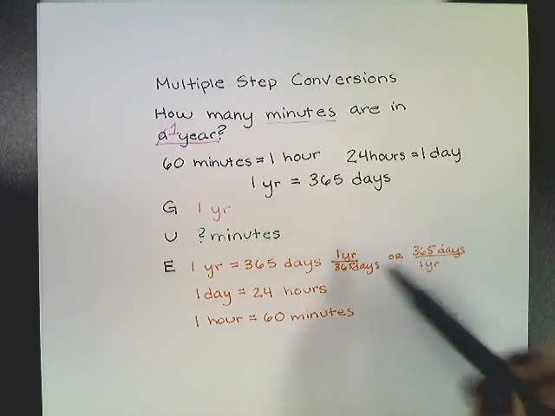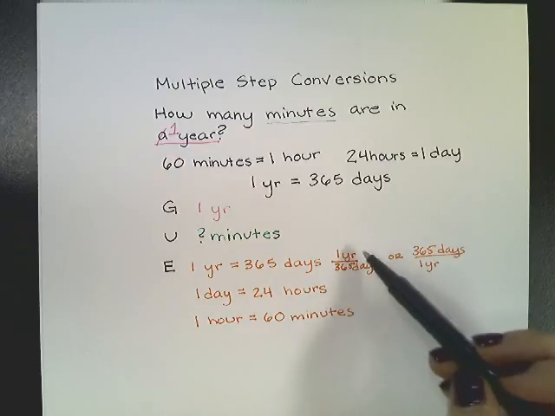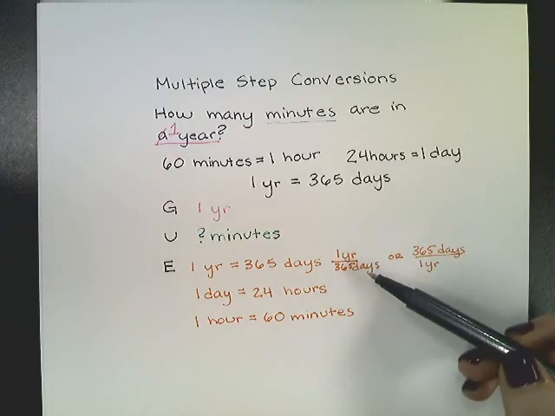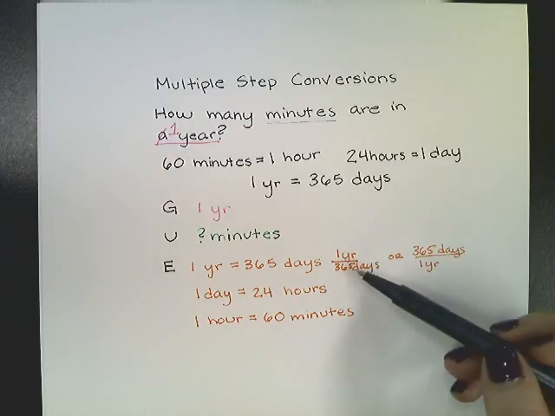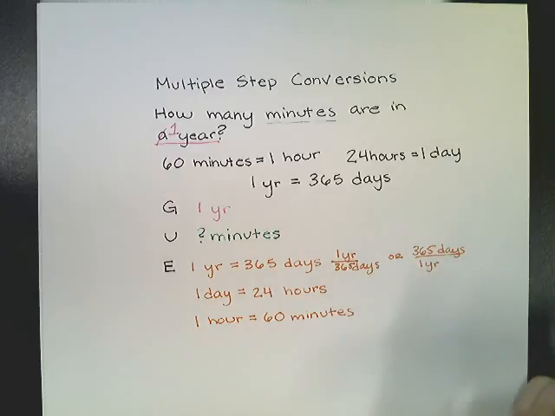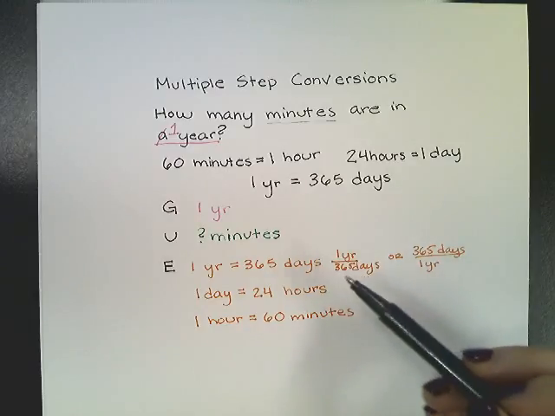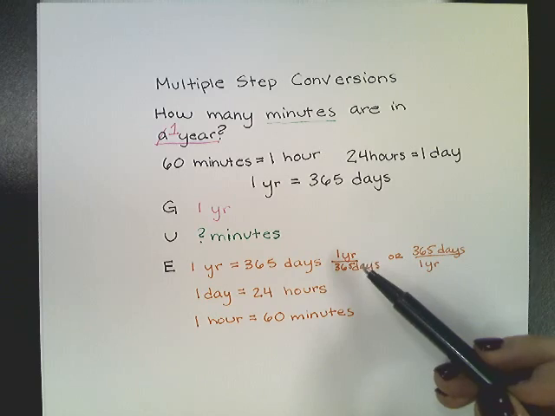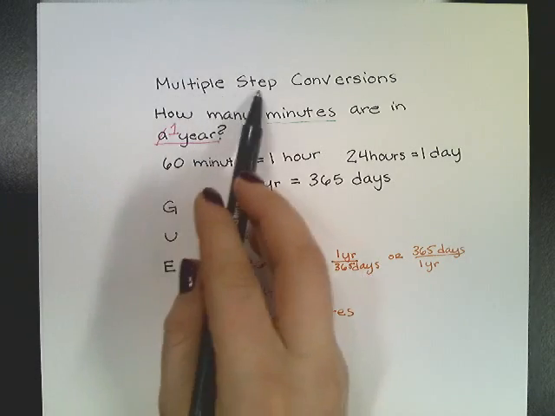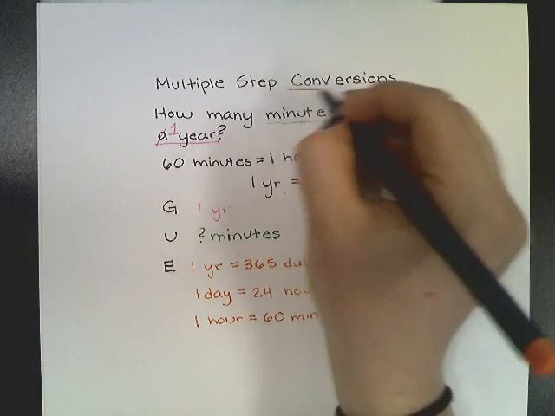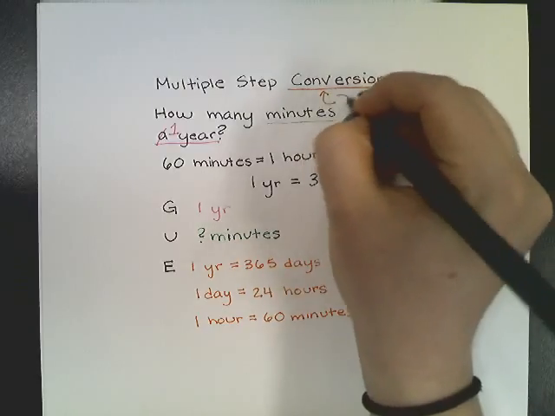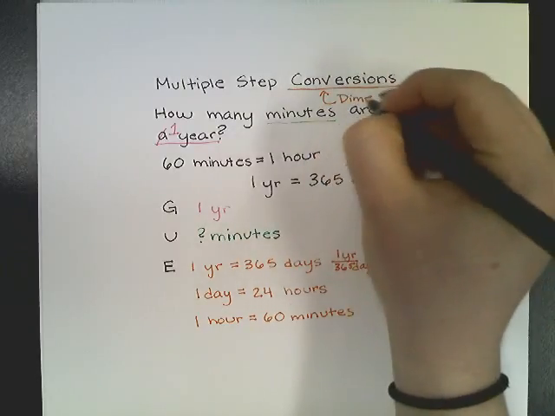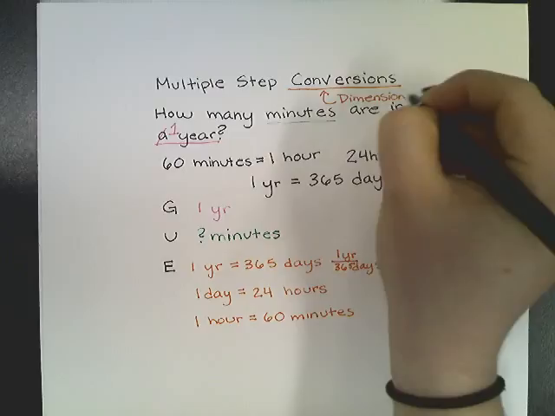When I write my conversion factor, I want to write it as a fraction, because when we use our setup, we are using fractions. Because remember, multiple step conversions, we are just doing dimensional analysis.